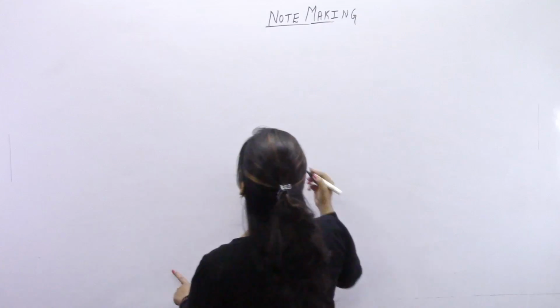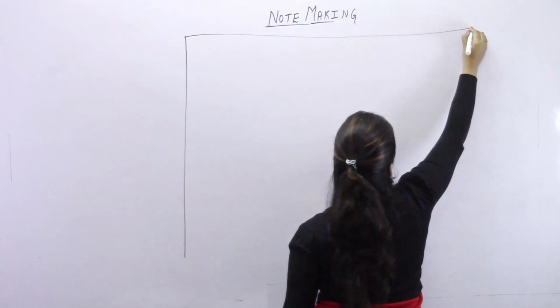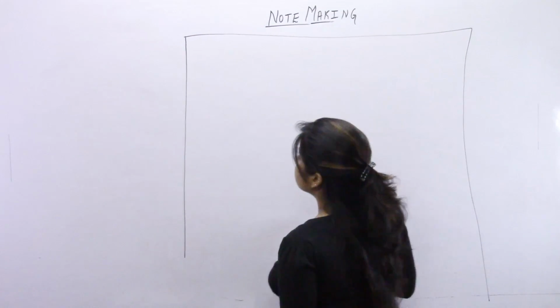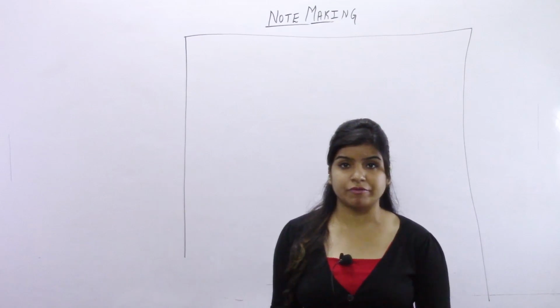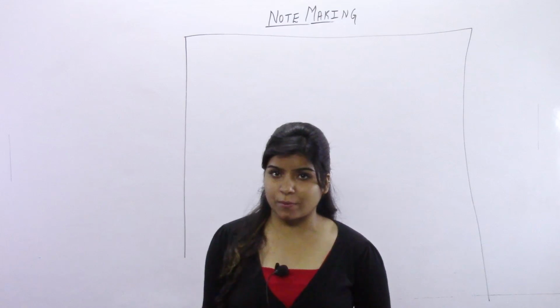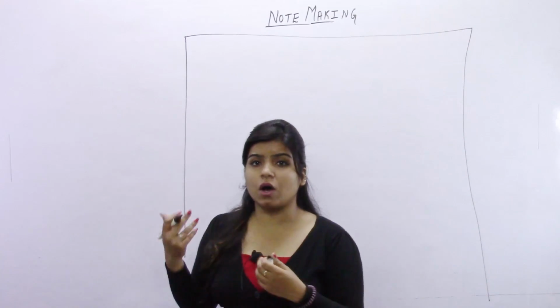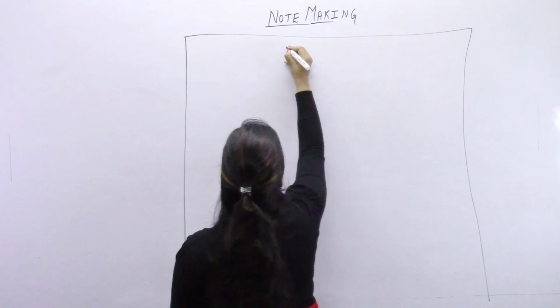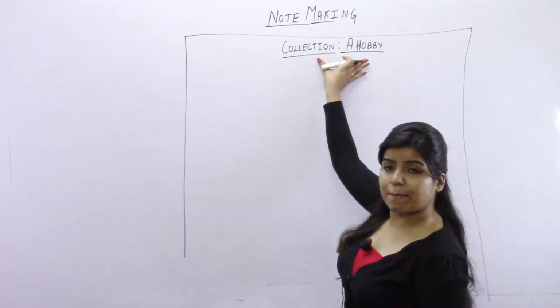For the notes, first of all, we'll make a box. After the box, we'll have a look at the paragraph and think about what it was talking about. As we were aware that it's talking about collection, we can write a very good title over here. Friends, I would suggest you write the title in capital letters.